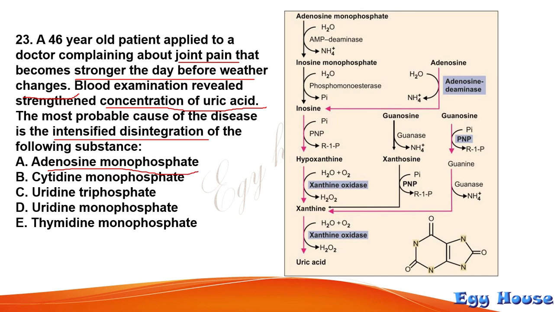You can see here in the scheme, adenosine monophosphate is the precursor of uric acid formation. So if we have disintegration of adenosine monophosphate, we'll definitely have an increased value of uric acid within blood.